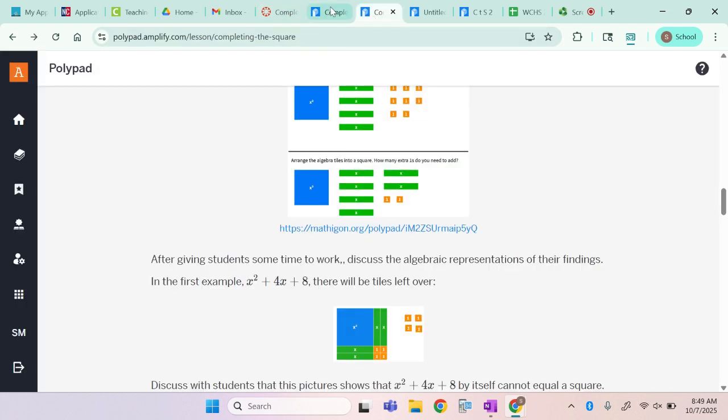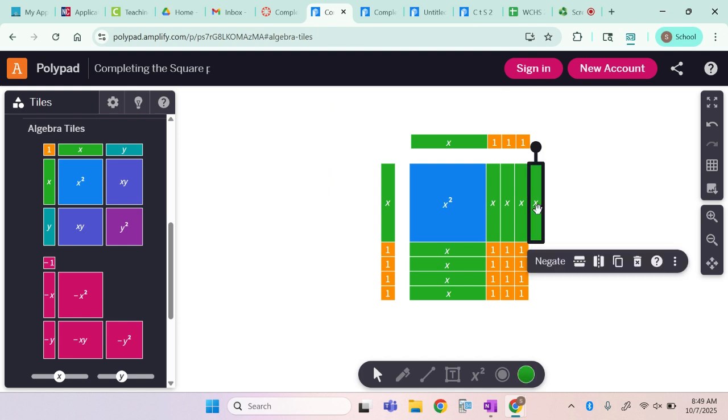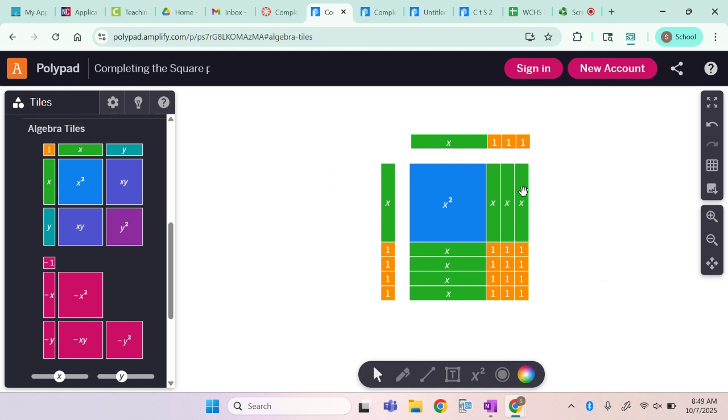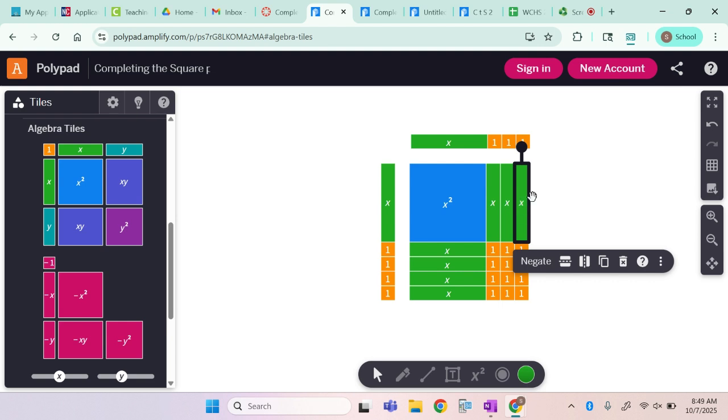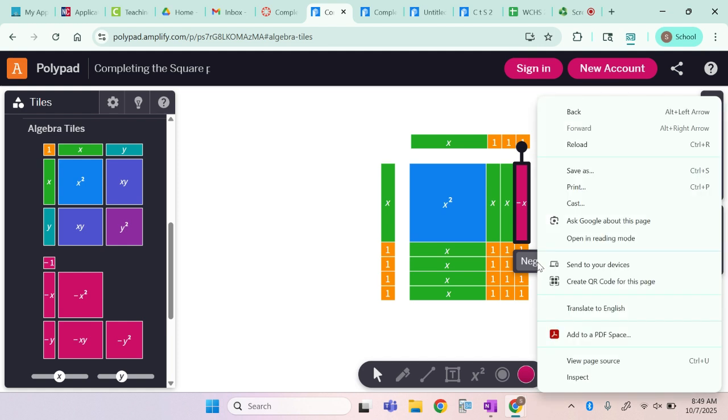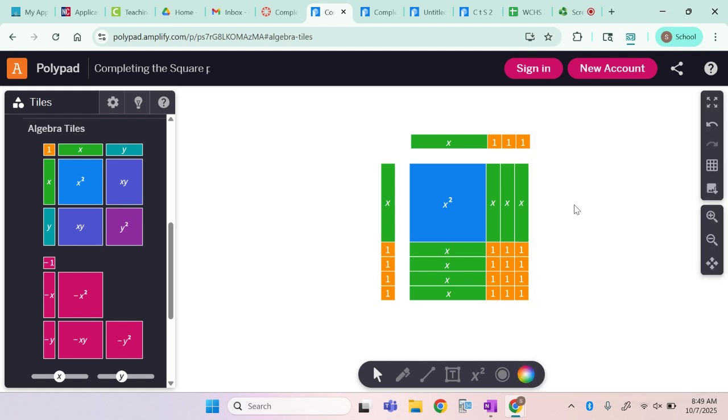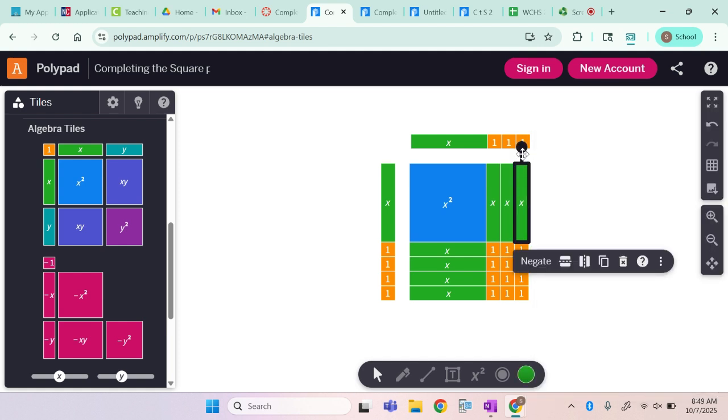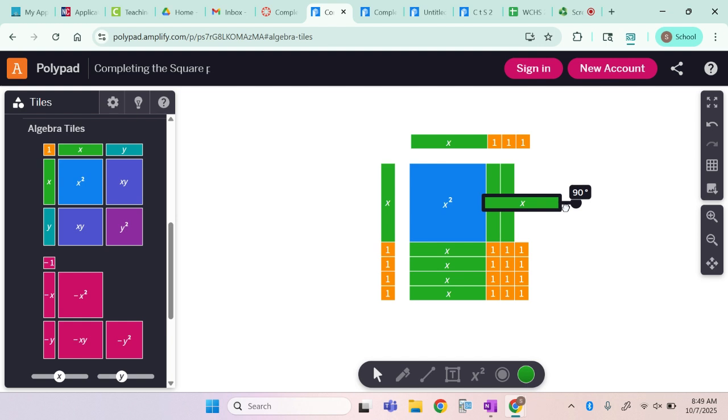Just so you guys know, if you need to delete any, all you would do is click on it, hit the trash can. If you need to make it negative and you already have it positive, you can just hit negate and it'll make it negative. Hit negate again, it'll make it positive. And if you've oriented it the wrong way, you can also grab it and turn it.